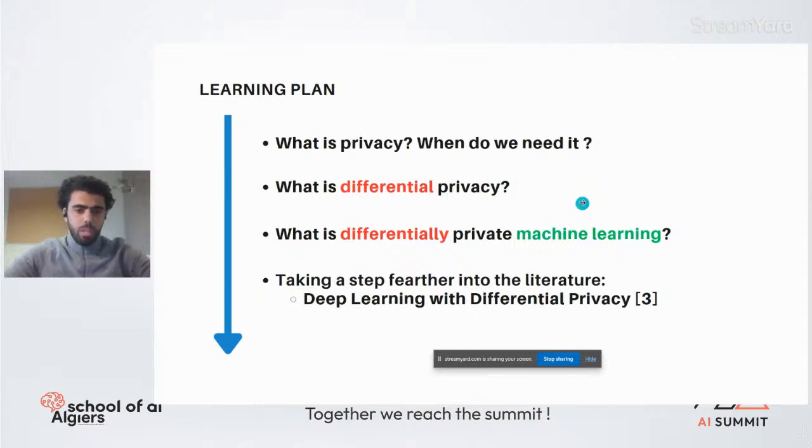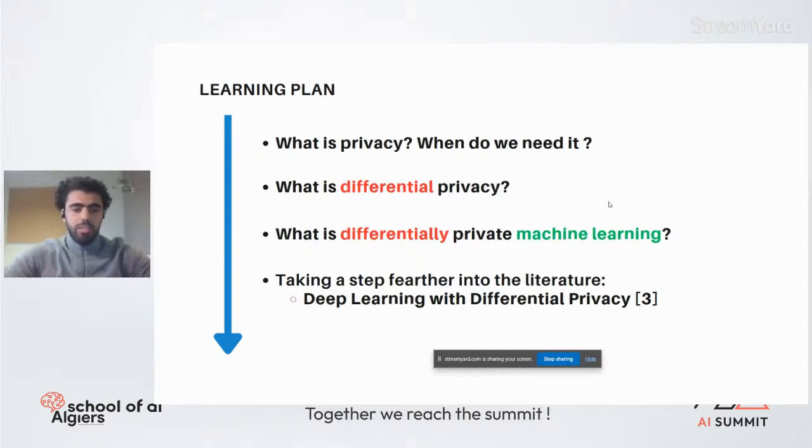So next we'll understand the actual topic, which is differentially private machine learning models, and we will try, based on our understanding of the intuition behind differential privacy, to see how it applies to the case of machine learning models.